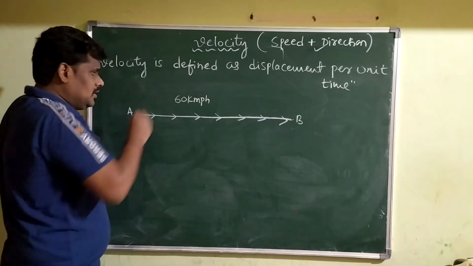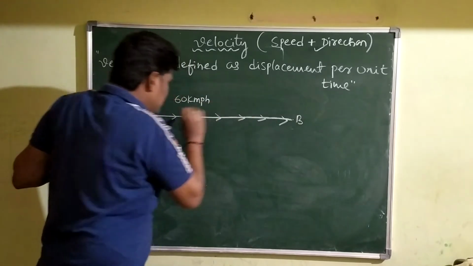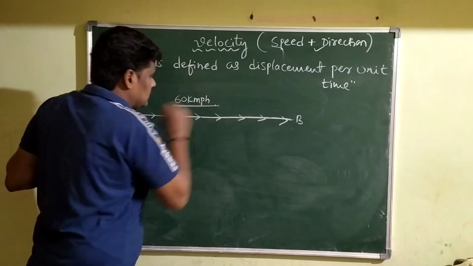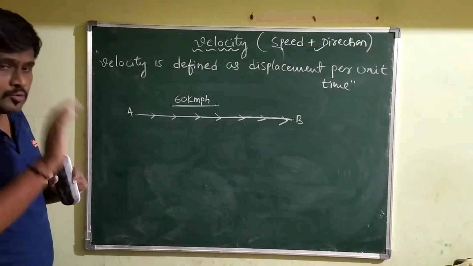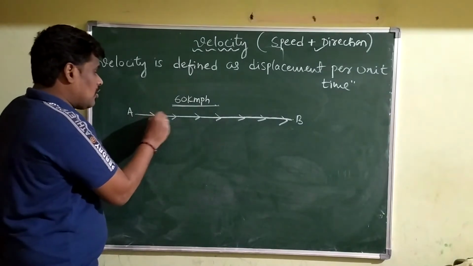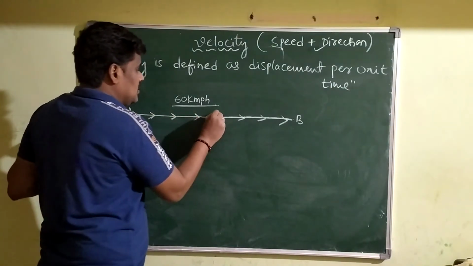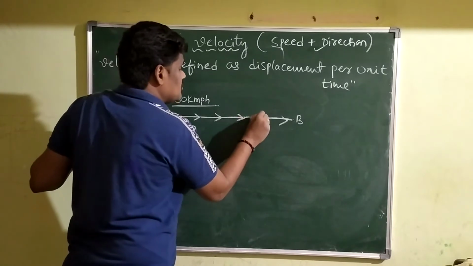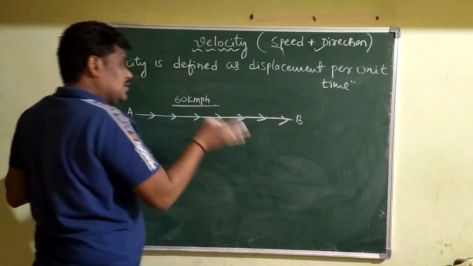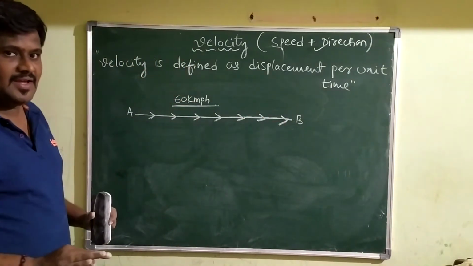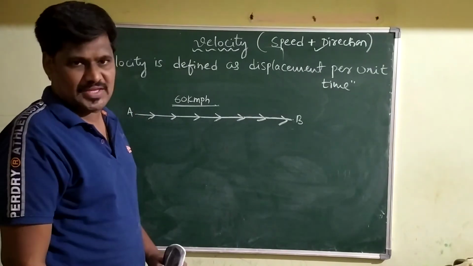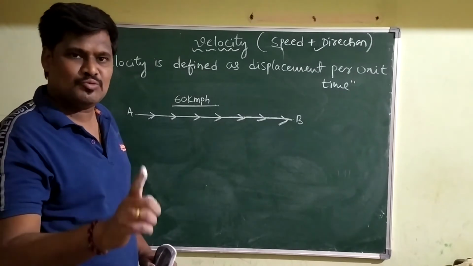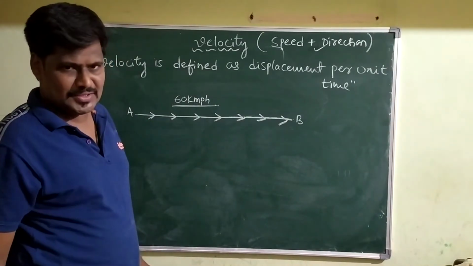What is the condition? From A to B, the bus should travel with the same speed, that is 60 km/h. And one more condition, the direction of motion of the bus should not change. If these two conditions are satisfied, then I can say that the bus is moving with a uniform velocity.